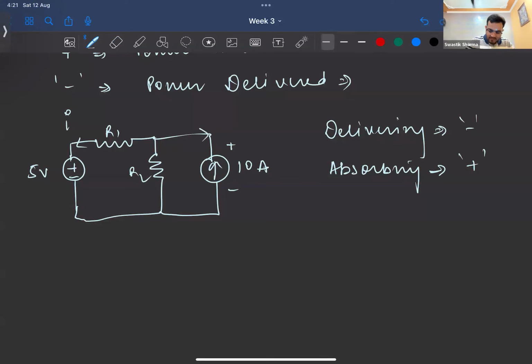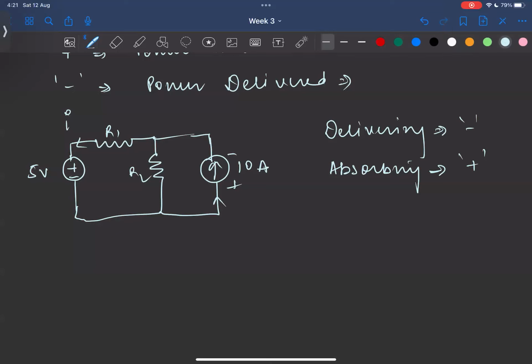If it's coming to the positive terminal of that current source, we say it's absorbing. Any other doubt?